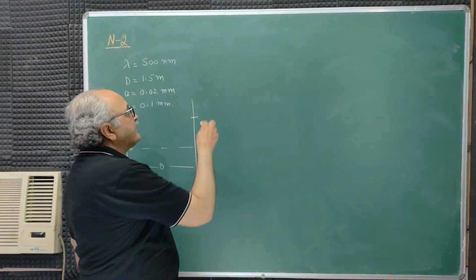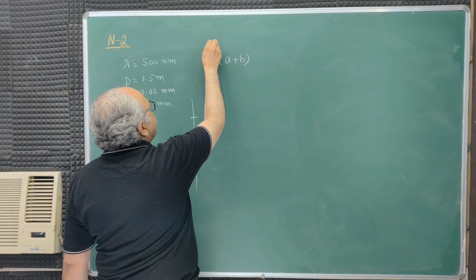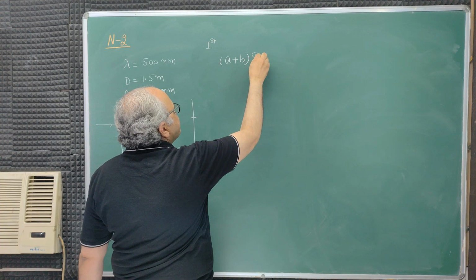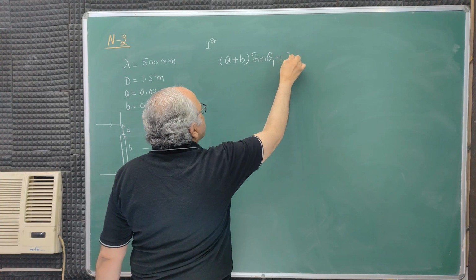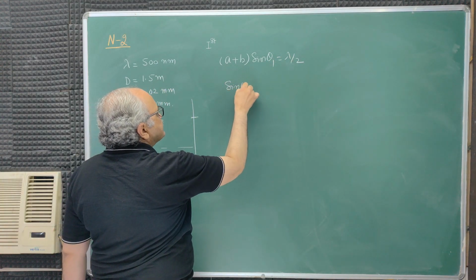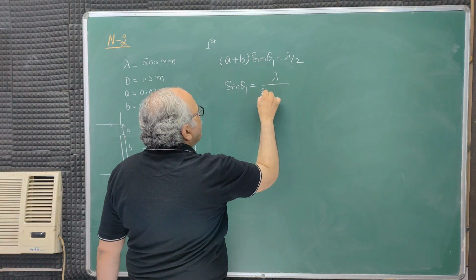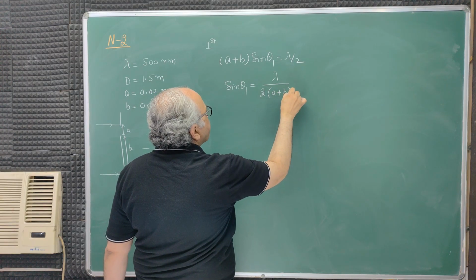Remember that. So for secondary minima, the first one, the condition is sine of theta 1 equals to lambda by 2. So sine of theta 1 can be taken as lambda by 2 into a plus b.